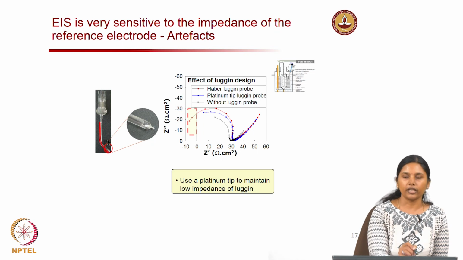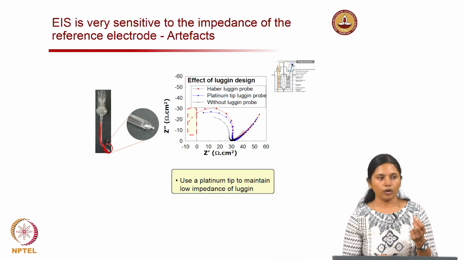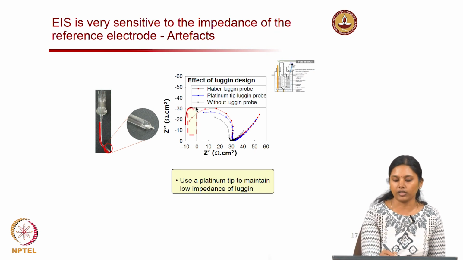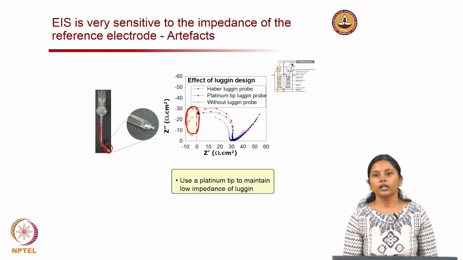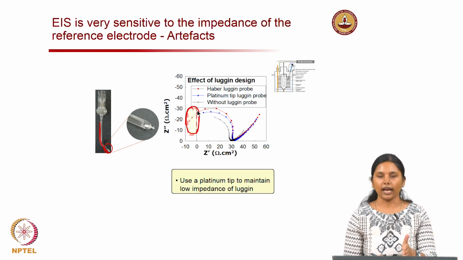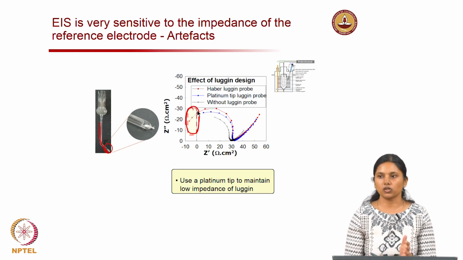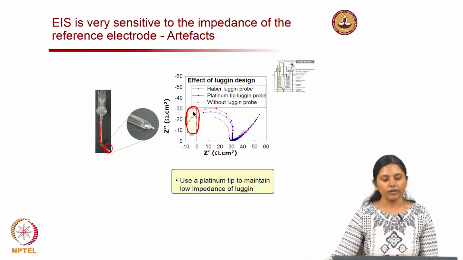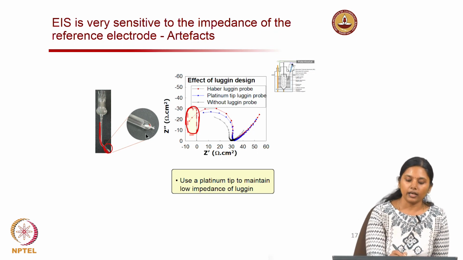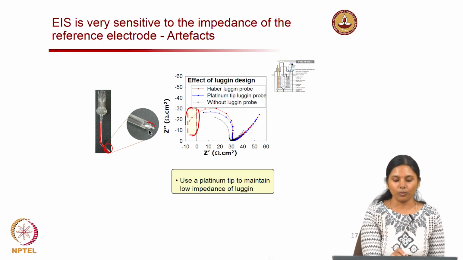Because of this, there will be a non-uniform conduction and this will distort the curve in the high frequency region. You may note that all the distortion that happens is in the high frequency region, so you can easily identify whether this is a distortion or not. This kind of distortion can be eliminated by simply adding a metallic tip at the bottom.